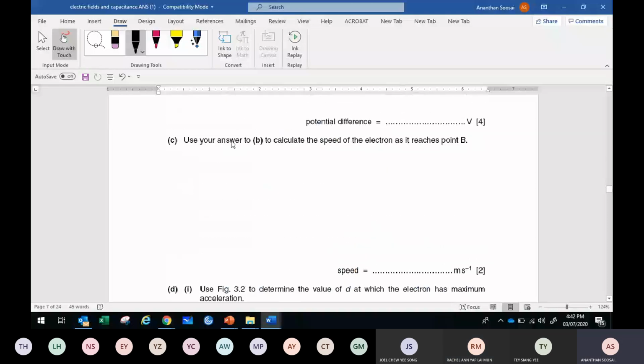Use your answer in B. What is the speed attained by the electron as it reaches point B? What formula comes to your mind? Anyone? The gain in kinetic energy is equal to what? Anyone? You know the potential difference.